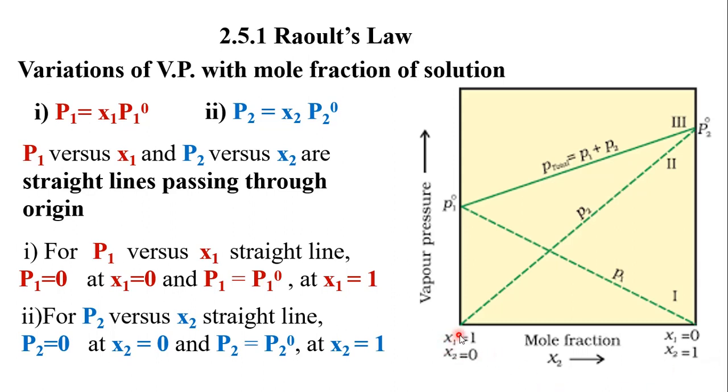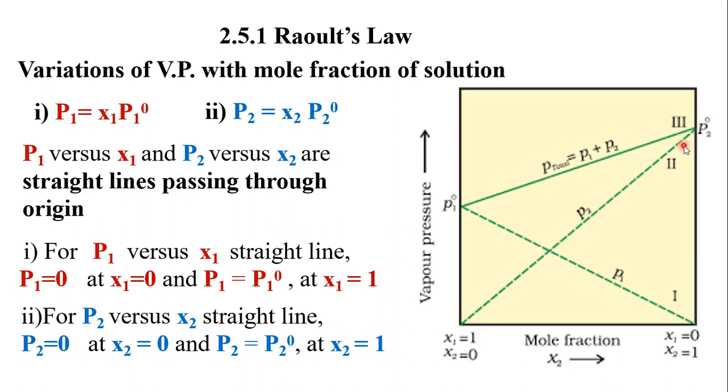Then as the mole fraction of the second component A2 goes on increasing, P2 also goes on increasing. And when x2 is equal to 1, then P2 is equal to P2 0, that is the vapor pressure of the pure component. And this is also a straight line passing through the origin. So P2 versus x2 is a straight line passing through the origin.